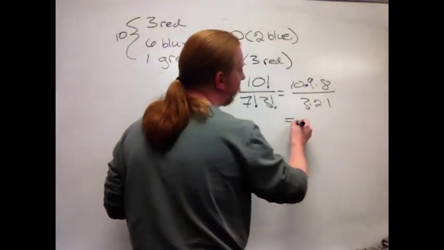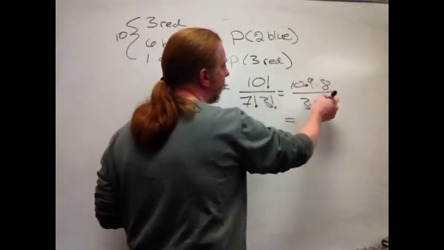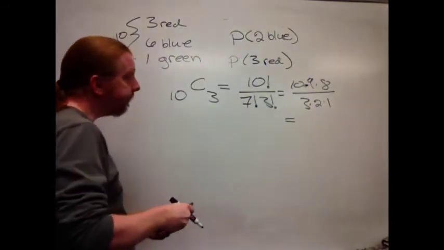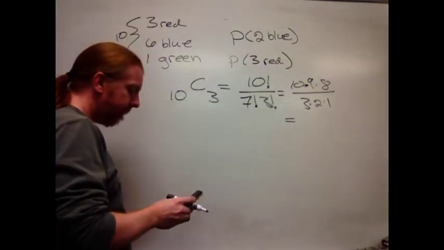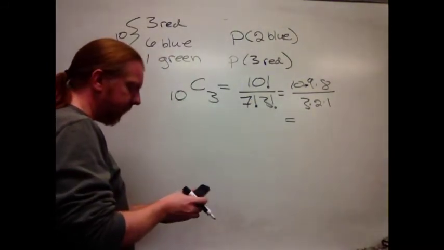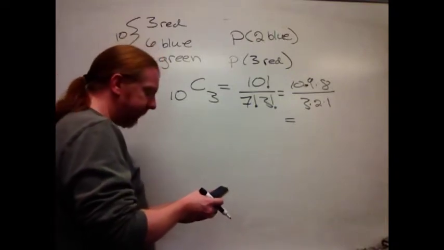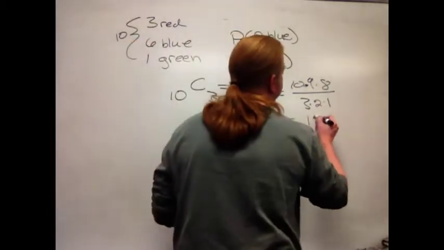That's going to simplify to 10 times 9 times 8 divided by 6, 120.